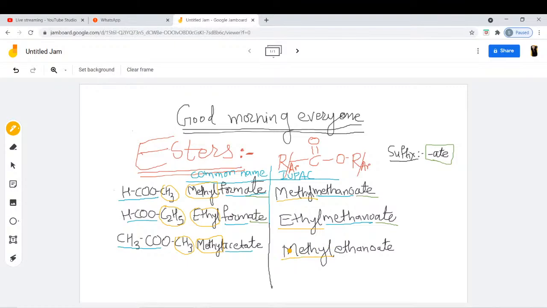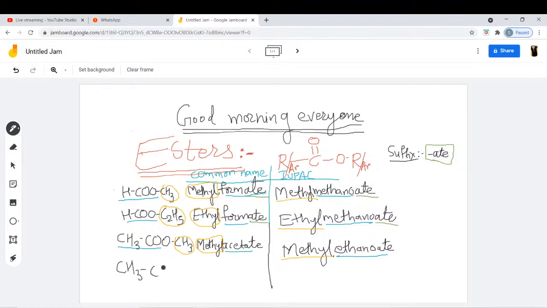Two carbon containing acid, ethanoate. Three carbon, propanoate. Four carbon, butanoate. Five carbon, pentanoate. Only when it is an ester can you convert formic acid to formate.